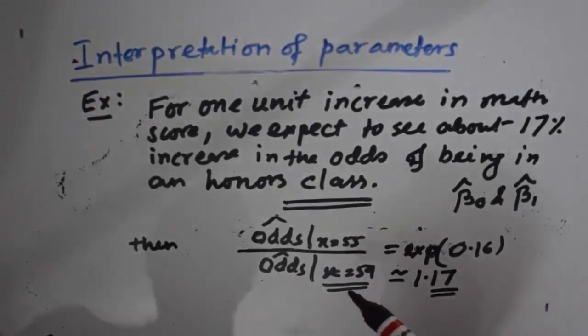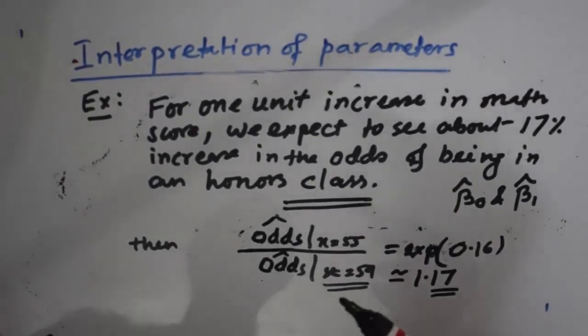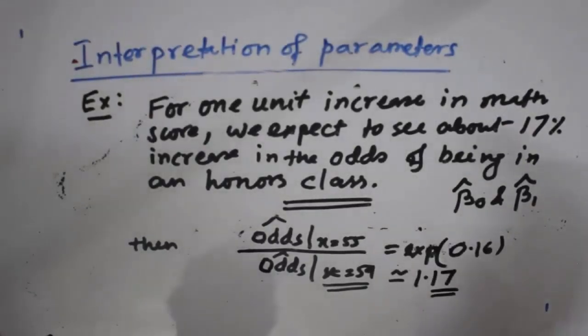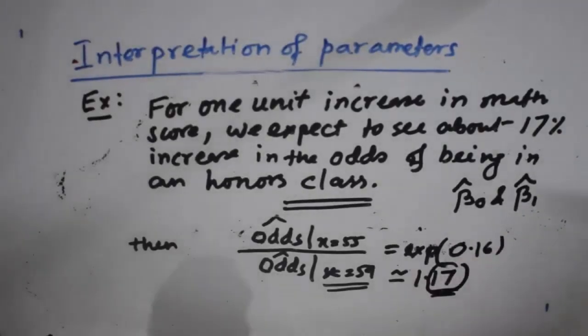So this is generally true. So for 1 unit increase in math score, we expect to see about 17% increase in the odds of being in an honors class.